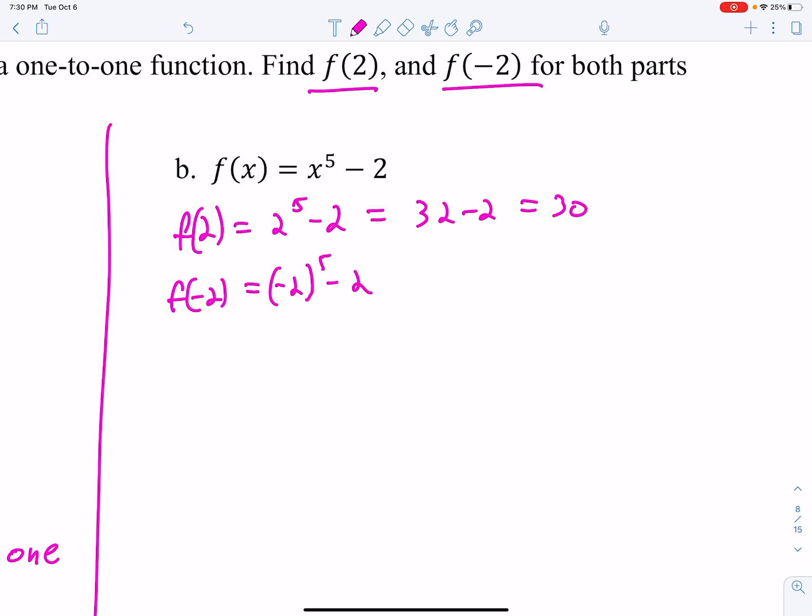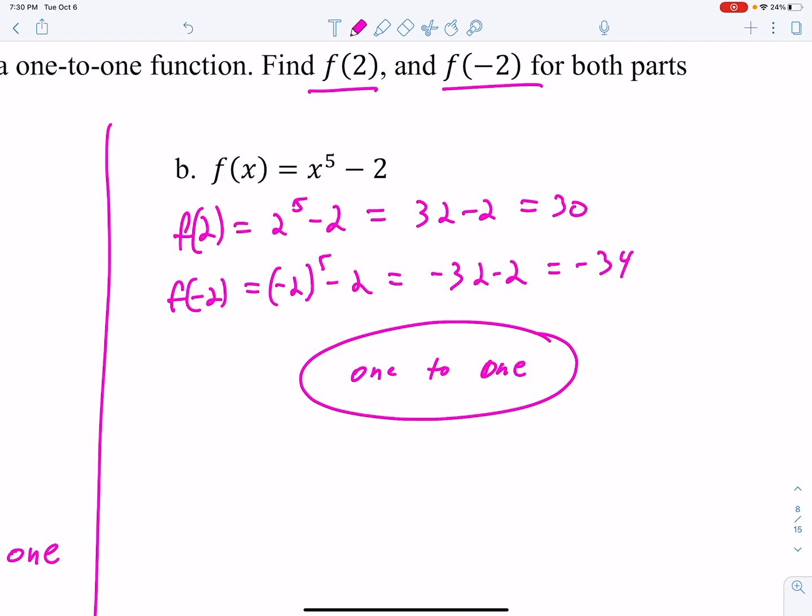Negative 2 to the 5th, so a negative to an odd power is negative. Okay, so we'll get negative 32 minus 2. Negative 32, subtract 2 more, we get negative 34. Okay, so that means, since we got two different values here, this is a 1 to 1 function.